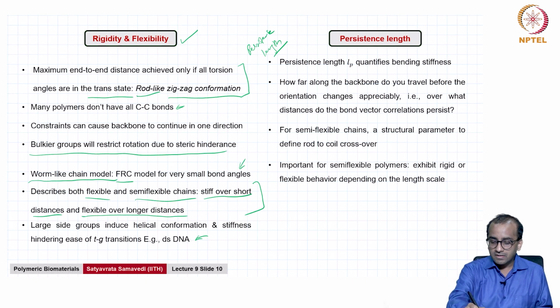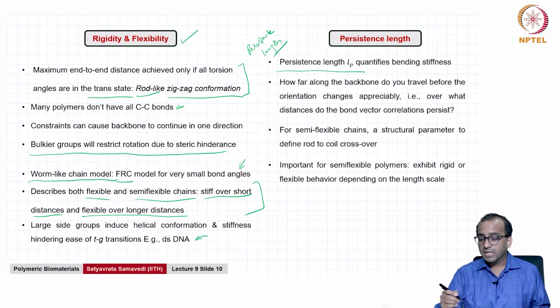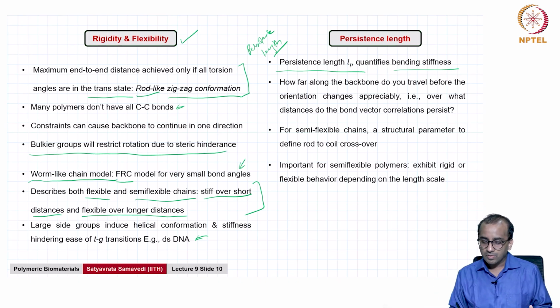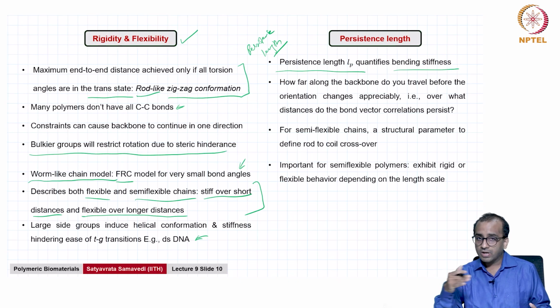Persistence length, L sub p, quantifies bending stiffness. You are asking a very simple question: moving along the backbone, how far do you have to travel before the orientation changes appreciably?